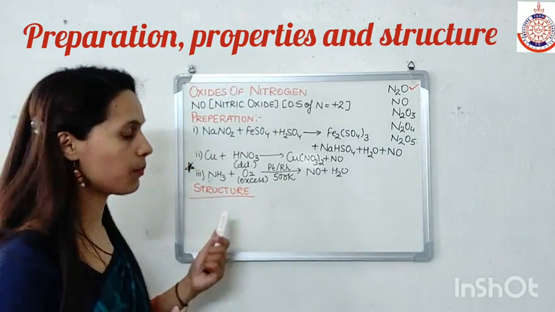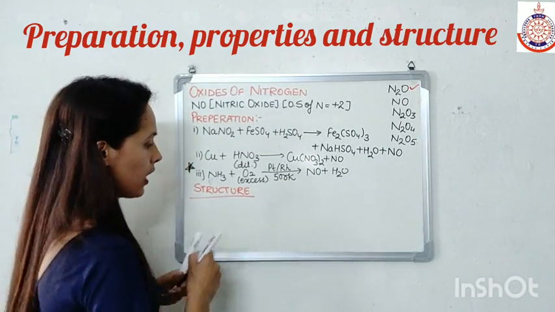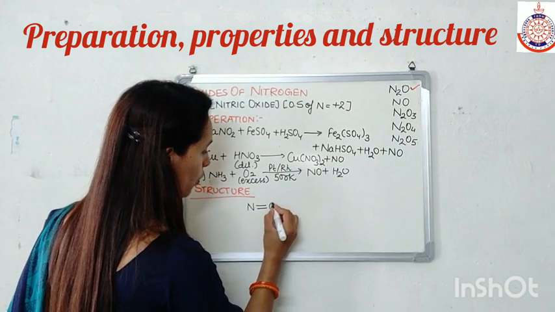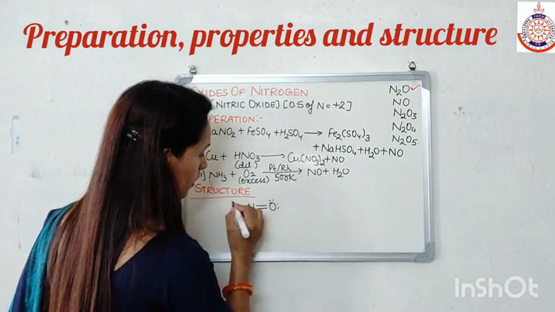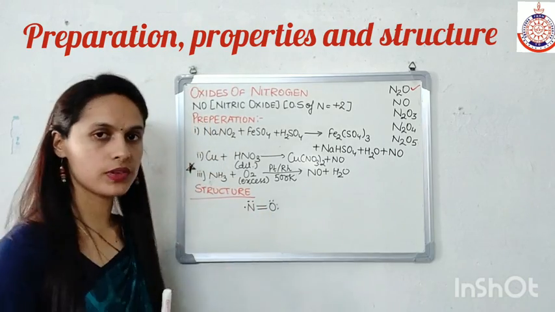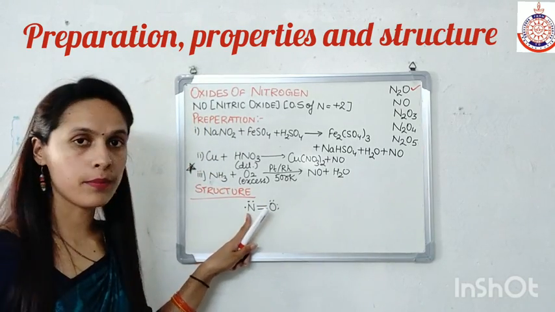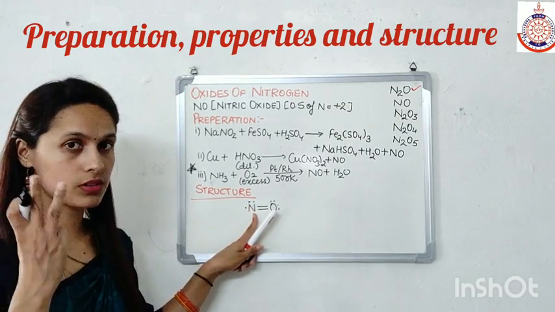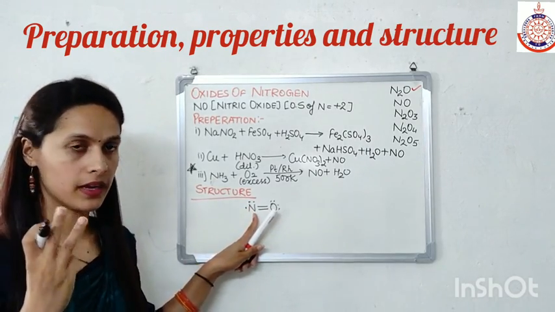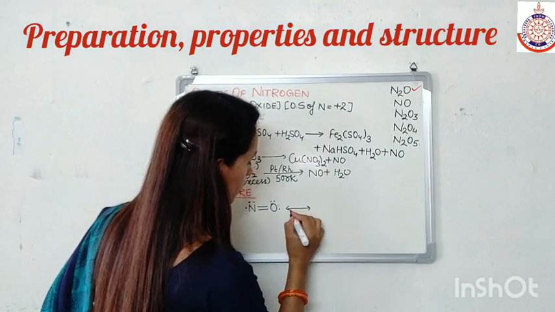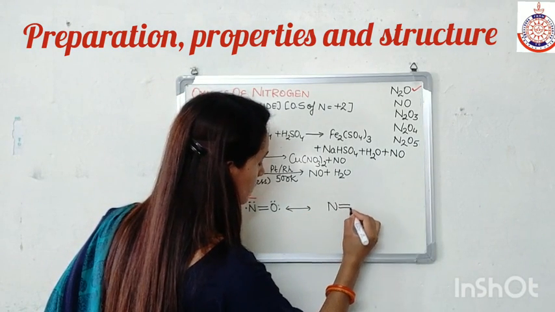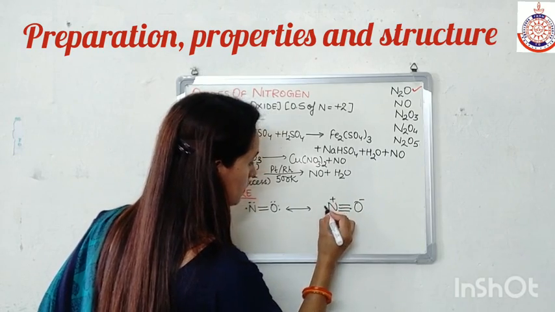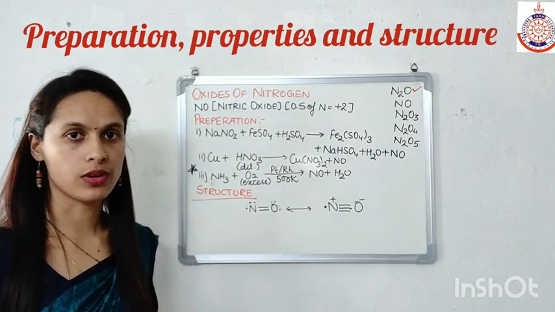Now how is this an example of that limitation? N double bond O. This is the first structure, in which the number of electrons on nitrogen is 3, means not paired, or we may write it as N, negative, O, positive and 1 electron.